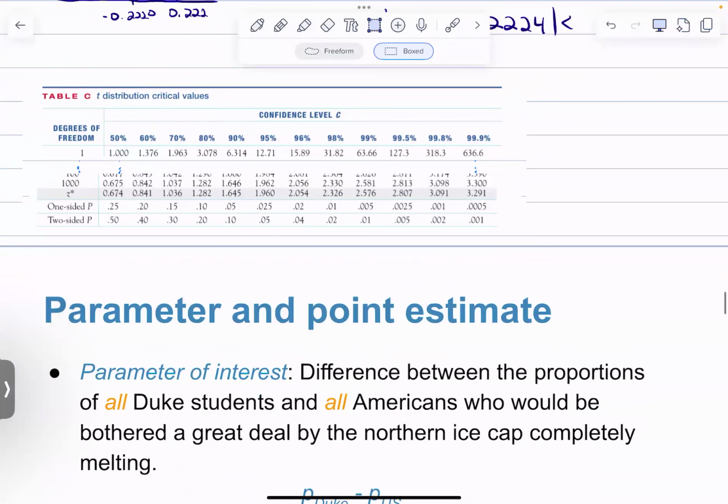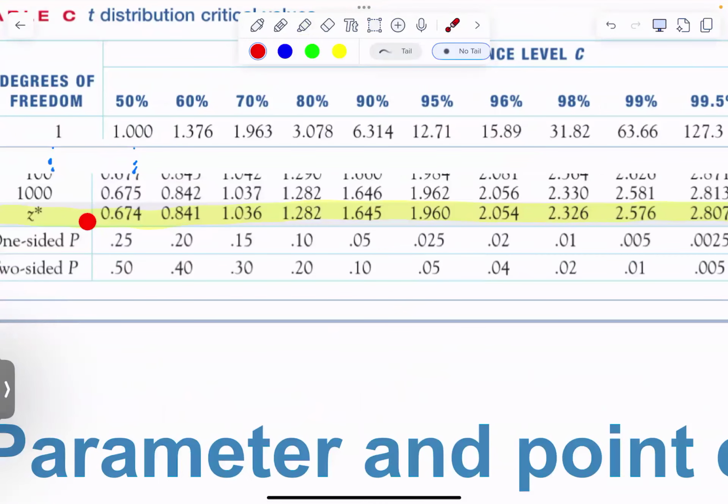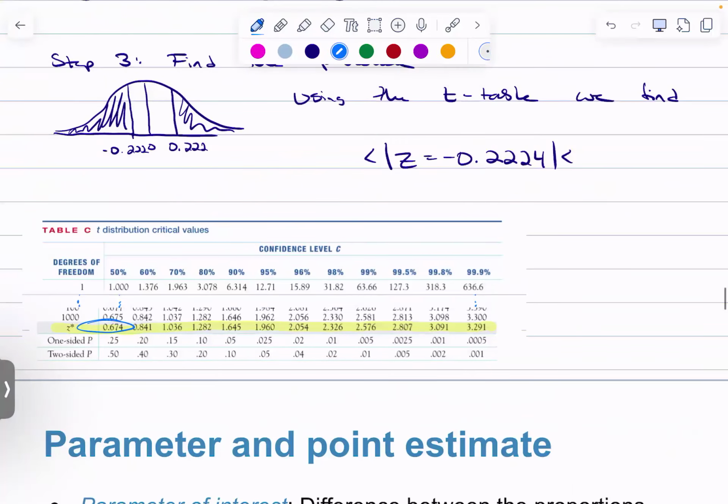So down here, I try to place my absolute value of Z somewhere on this line. This is another one of those scenarios where we end up over here, but we know it's going to be very, very close to 0. So that makes sense. All we can say is that Z is somewhere between 0 and 0.674.